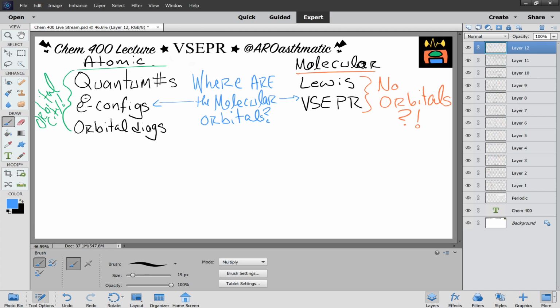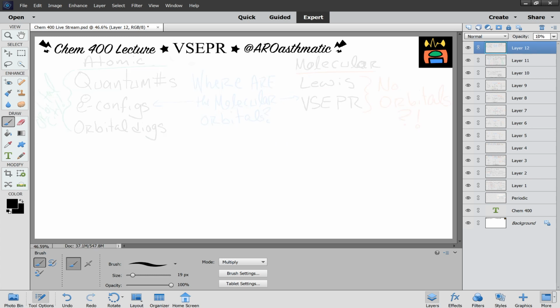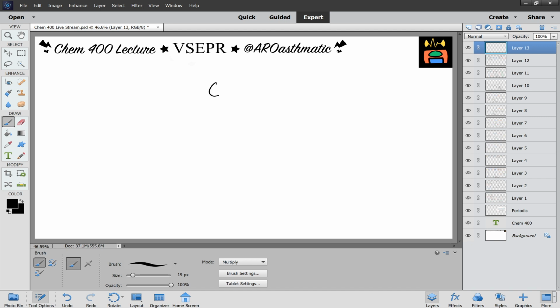And to highlight this, I would like for a minute for us to look at methane. I'm going to open a new slide, actually. Let's just go to a new slide rather than try to cram it in. So let's look at methane, which is the molecule CH4.